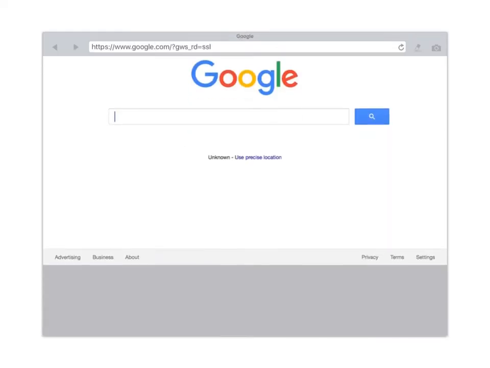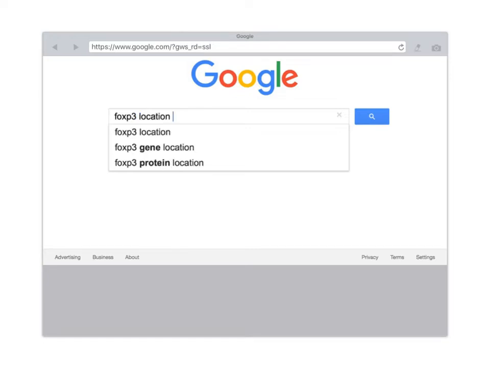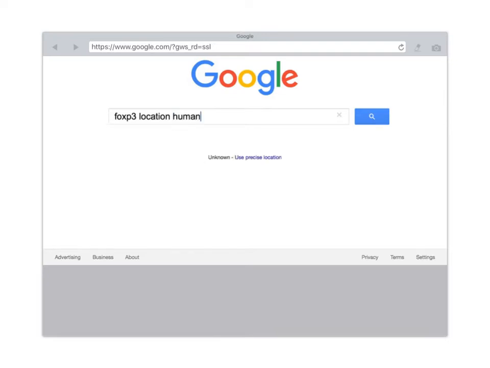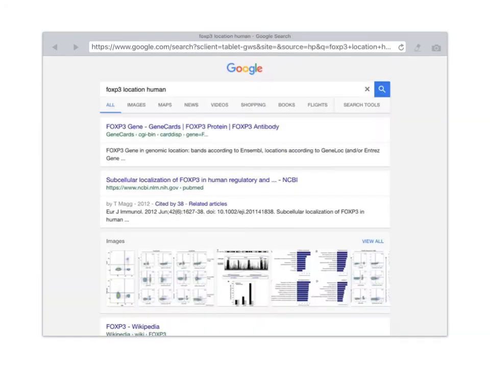Let me see. So, FOXP3. Did you type in anything else or just FOXP3? Location of FOXP3. Location. How about human? Make sure that we're trying to find our FOXP3 gene.